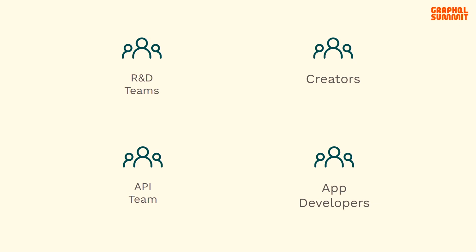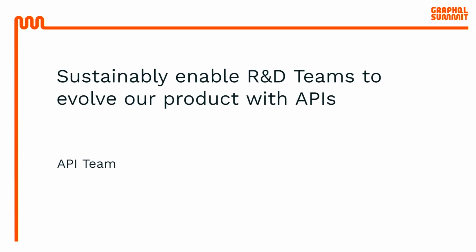But in order to implement our vision, the API team had to shift their focus to not only support the App Store, the App Platform, or the public REST API. As an API team, as part of the platform, one of our objectives is to sustainably enable R&D teams to evolve our product with APIs.